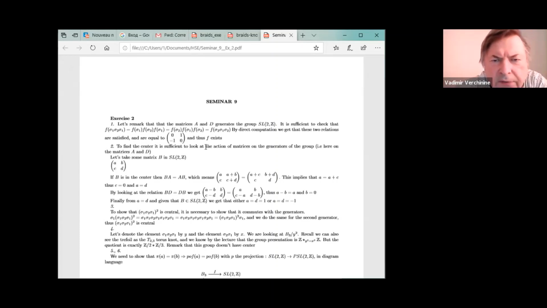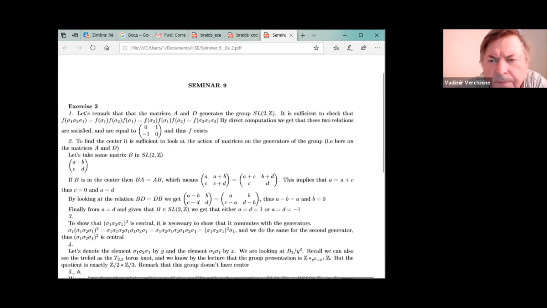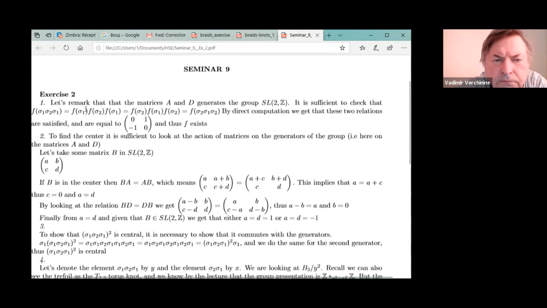The fact that the matrices generate this group is a bit complicated. I didn't give this as an exercise.